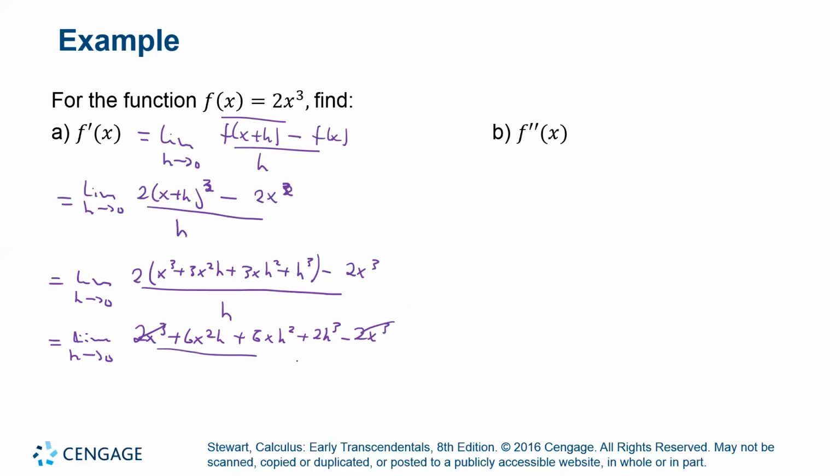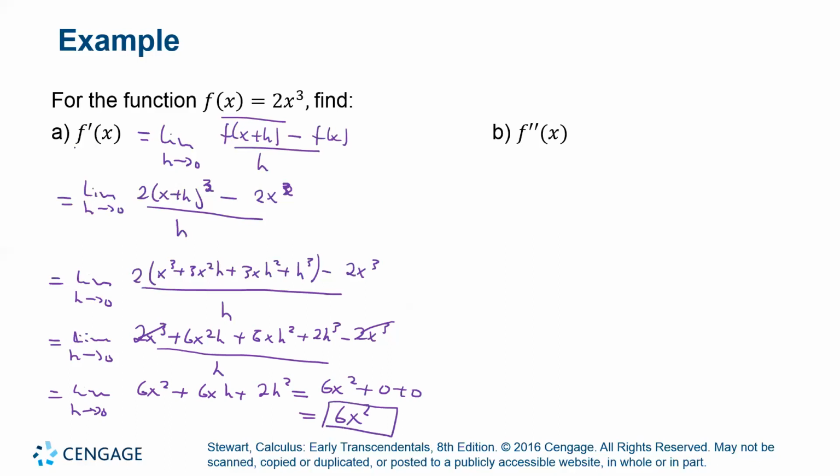Everything divided by h. Now if we divide each of the terms by h, then we have the limit as h goes to 0 of 6x squared plus 6xh plus 2h squared. Now as h goes to 0, you have just 6x squared plus 0 plus 0. So that is equal to 6x squared for the derivative, which is f prime.